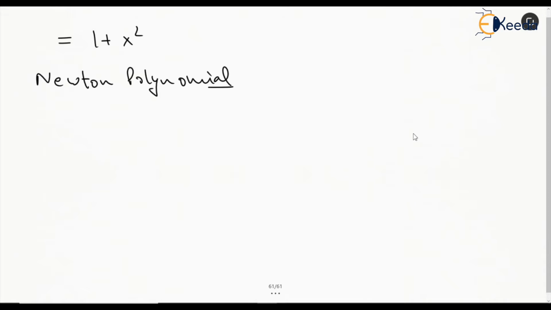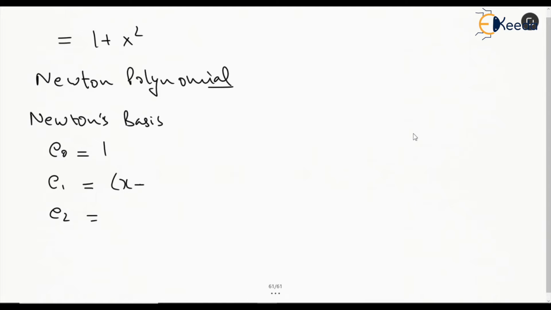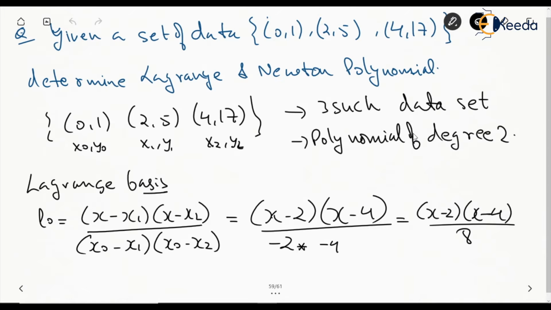we need to find Newton's basis first. So first is e naught, which is by default 1. Then next is e1 and one more we will have, that is e2. So e1 is going to be x minus x naught, and x naught is 0. Sorry, x naught is 0 and x1 is 2.